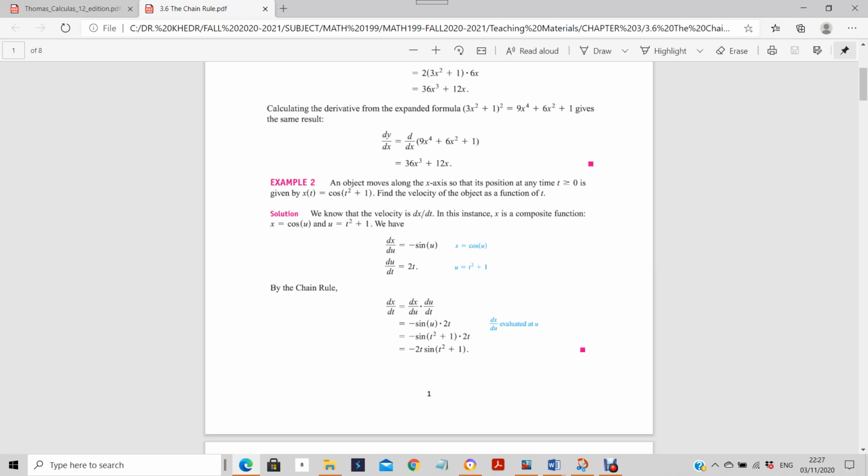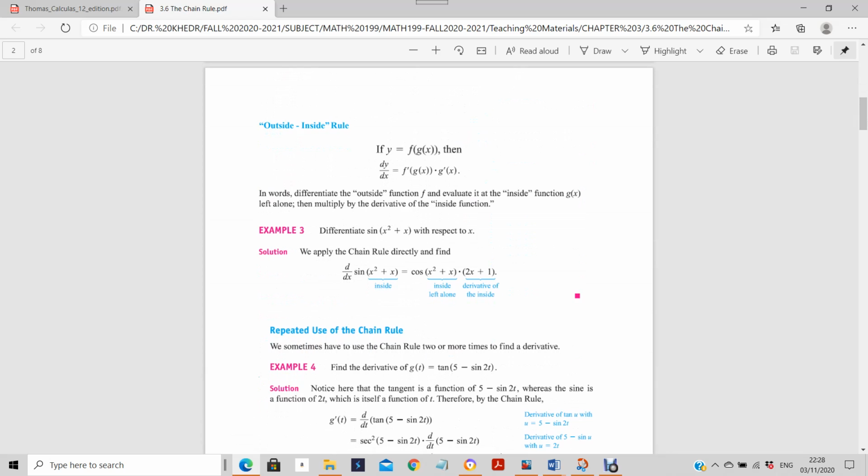So dx by du will be minus sine u, and du by dt is 2t. Then you multiply these two derivatives, which becomes 2t multiplied by negative sine u. And then replace u again by t squared plus 1. Then the final answer will be minus 2t multiplied by sine of t squared plus 1. So we solve the question by using the chain rule.